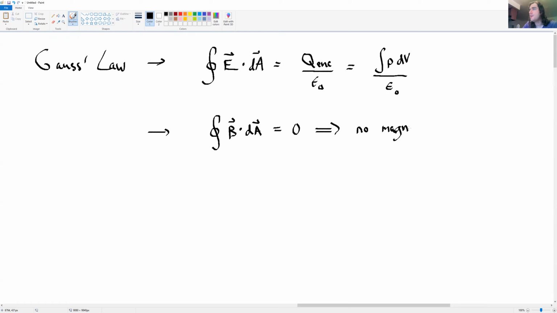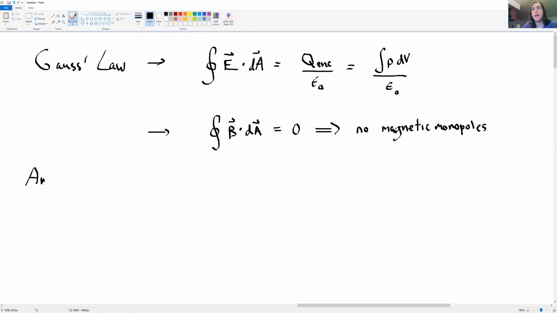Of course, the equation above, Gauss's law, implies the existence of electric monopoles. But this equation implies there are no magnetic monopoles. If this term was not 0, then it would be equal to something that we would call magnetic charge. But since it's 0, we don't have to worry about magnetic charge.